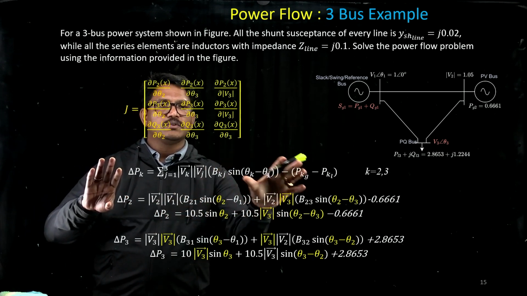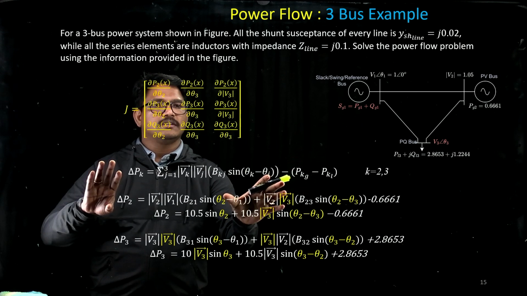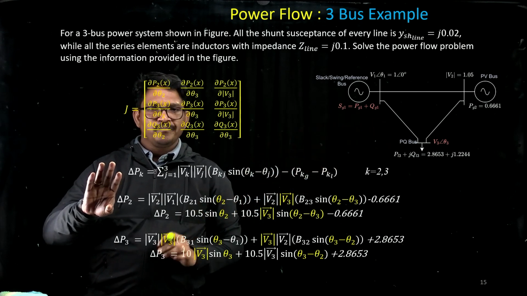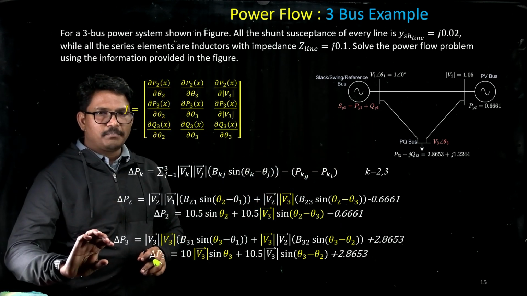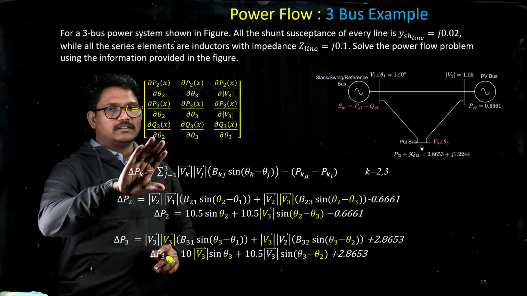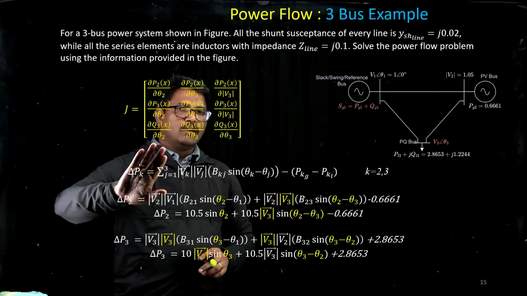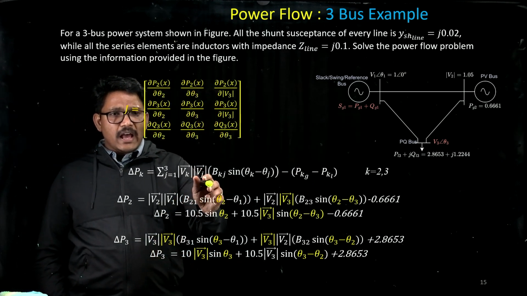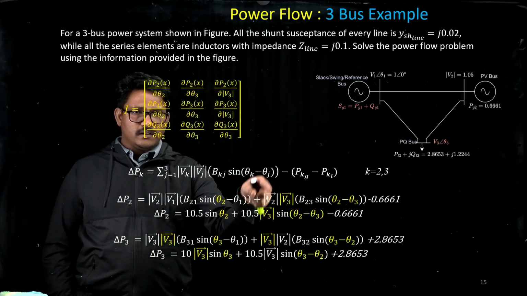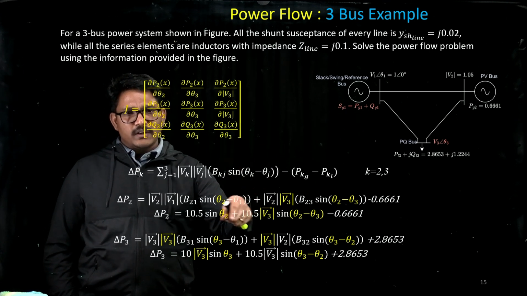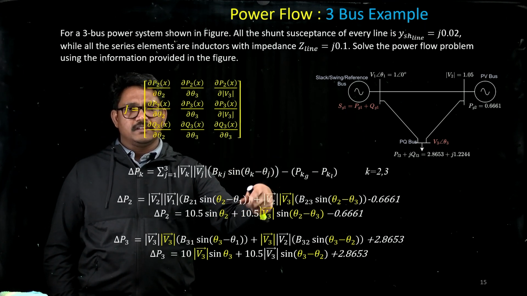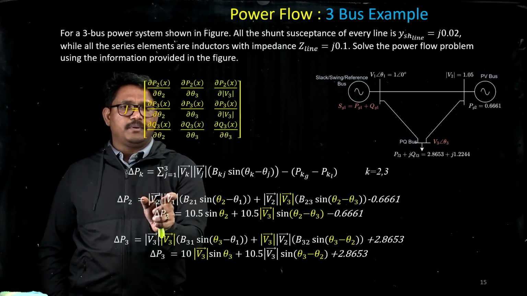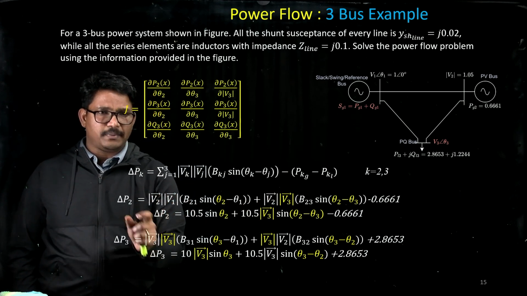Now if you substitute the values for the 3-bus network that we have, that is delta P2 and delta P3, we can calculate by expanding this particular delta Pk for a 3-bus network. Once you have that, I also highlighted the unknown values of the angles and voltages in these equations. So we have the delta P2 equation and the delta P3 equation.